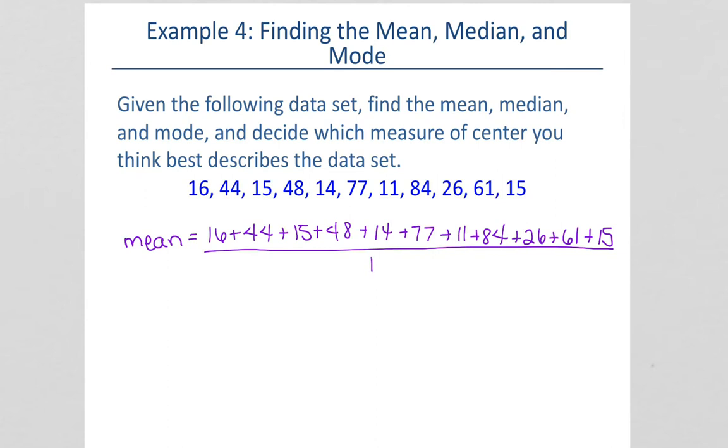And there are 11 of them. So we get 411 divided by 11. So the mean is approximately 37.4.